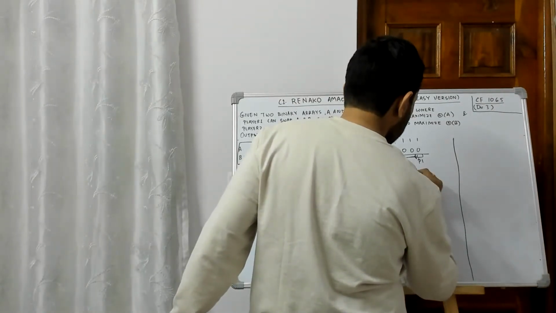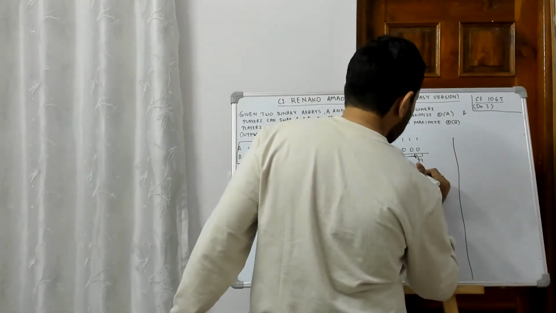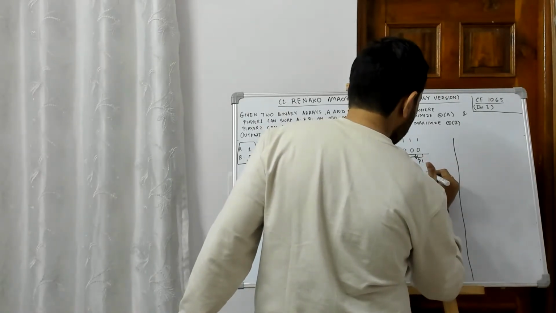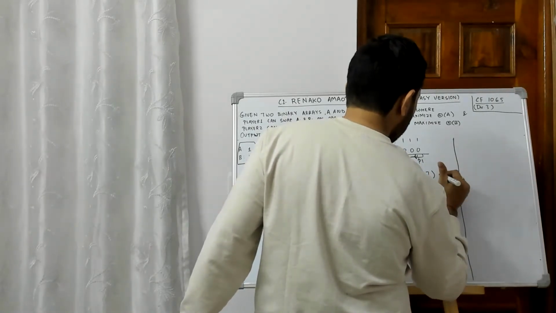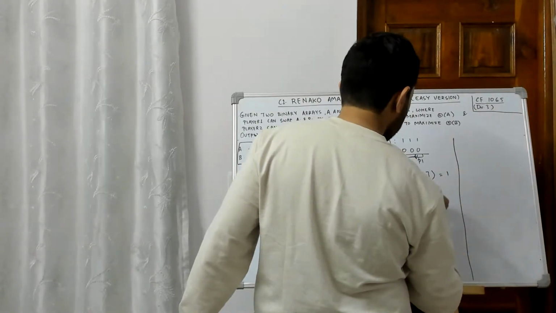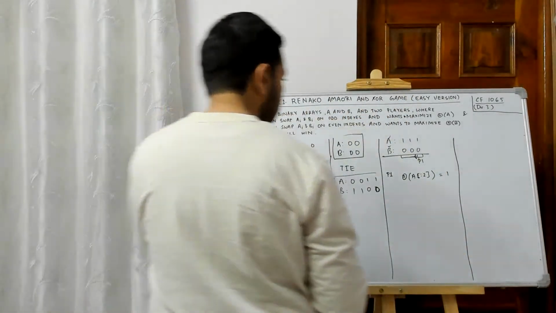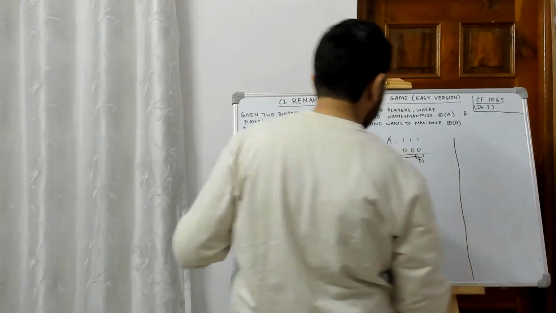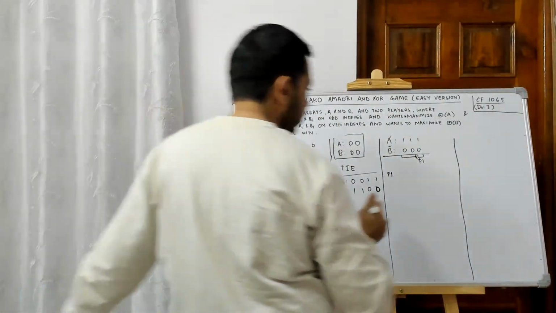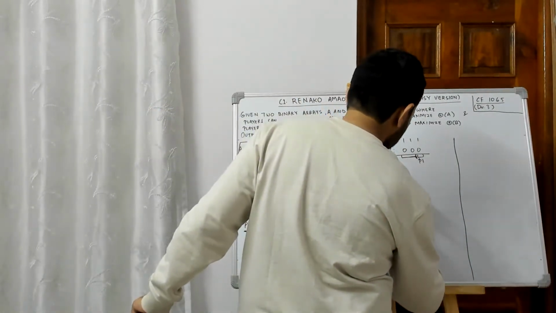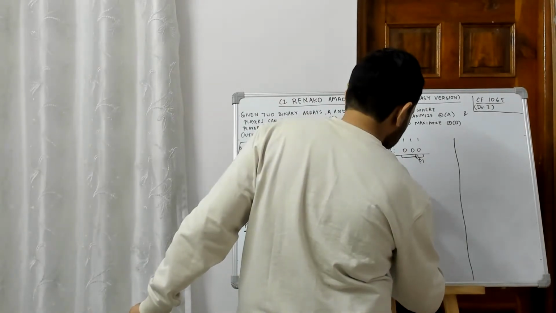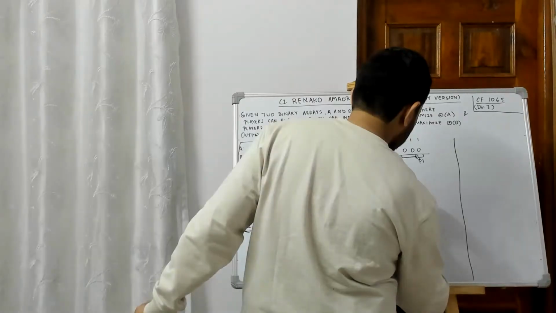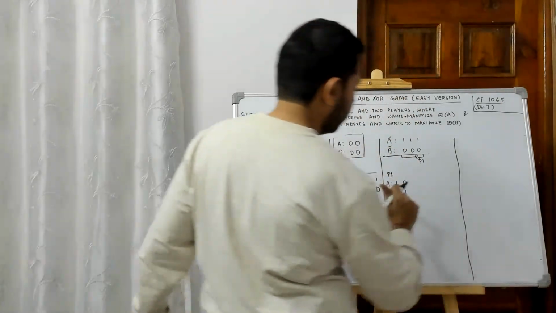XOR of A till 2. If XOR of A till 2 is 1, okay, I'll draw all the cases. There are few cases that can happen when player 1's turn comes. So you can have A as 1 0, B as 0 1. In this case, both of them are 1.